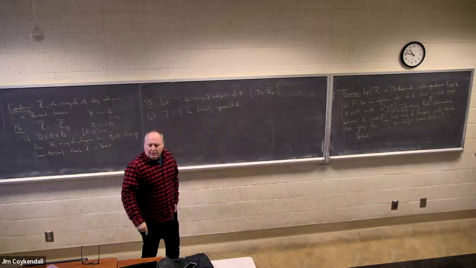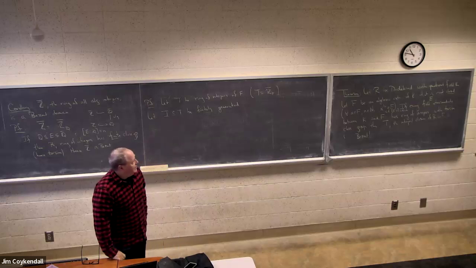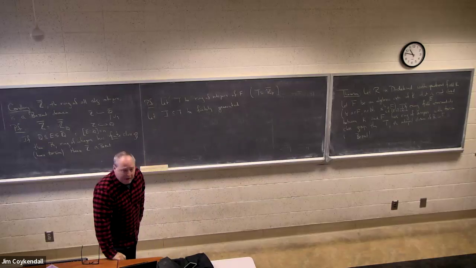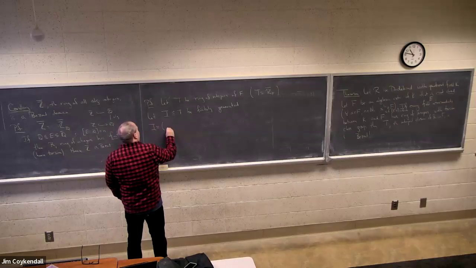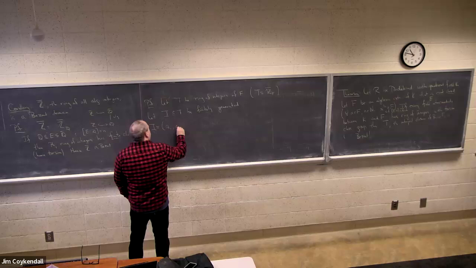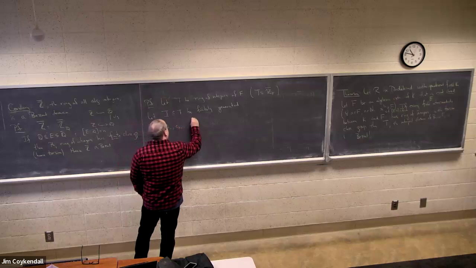So what we want is to show this is a Bezout domain, we need to show that finitely generated ideals are principal, so let I equal (a1, a2, ..., an).